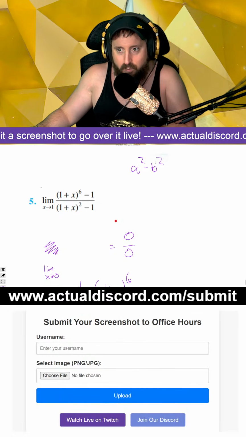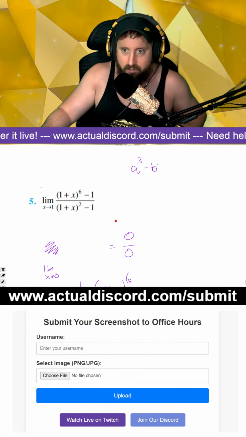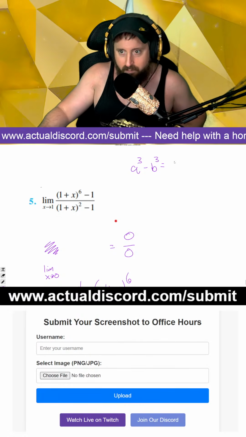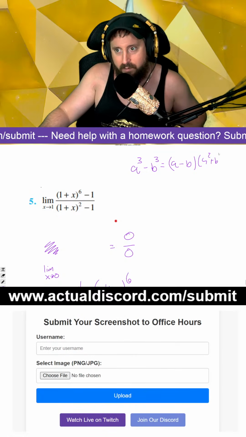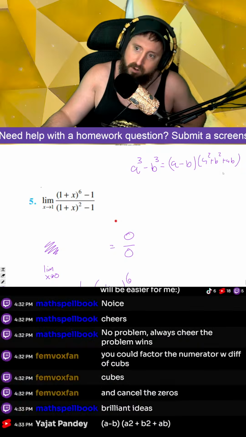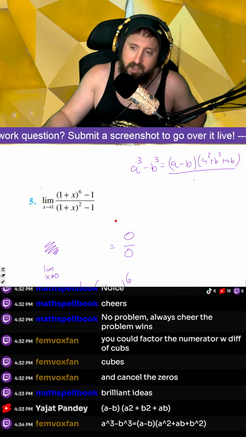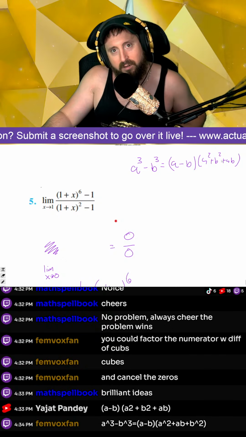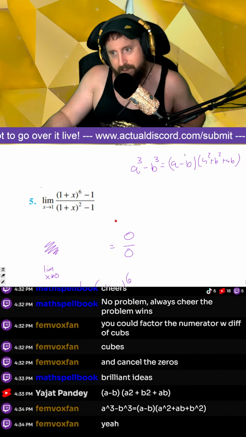Okay, difference of cubes. Yeah, so that's one that's not really taught as much in high school and stuff. But, okay, a minus b, and then it's what, a squared plus b squared plus ab? That's actually kind of cool. Oh, I should know this one. Yes. No, you're right. I should know this one. Yes. Usually the ab's in the middle.